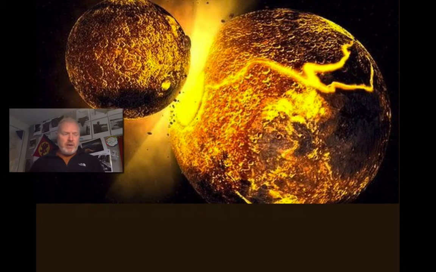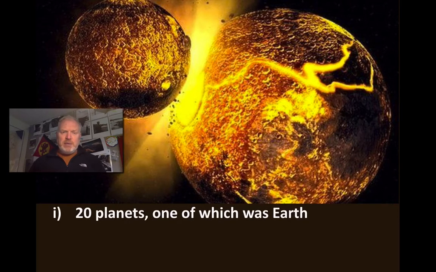The answer: we now have 8. At the early stages of planet formation, though, we think there may have been 20, one of which was the early Earth.